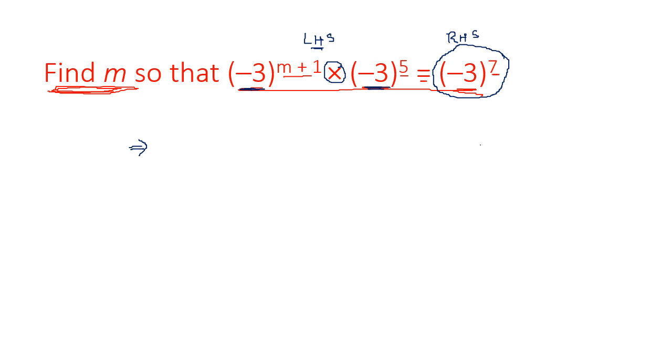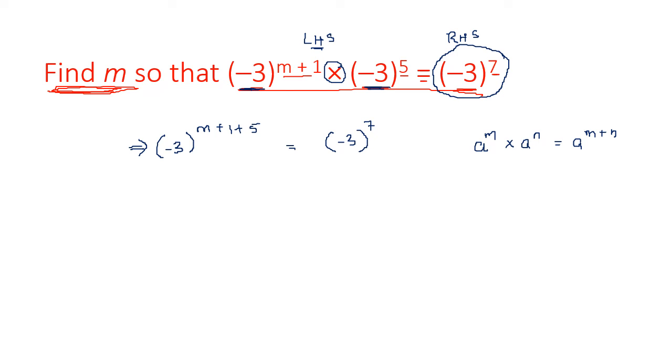So which rule do we have to apply? a raised to m into a raised to n equals a raised to m plus n. So this becomes minus 3 raised to (m plus 1) plus 5, and that gives us the right hand side, which is minus 3 raised to 7.